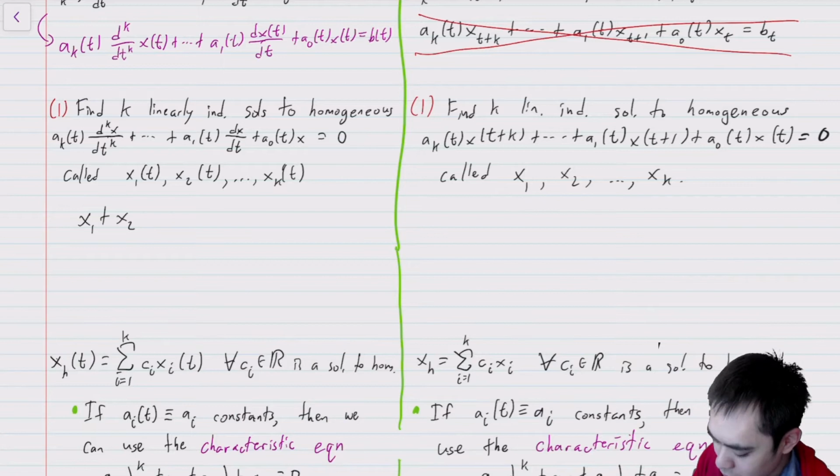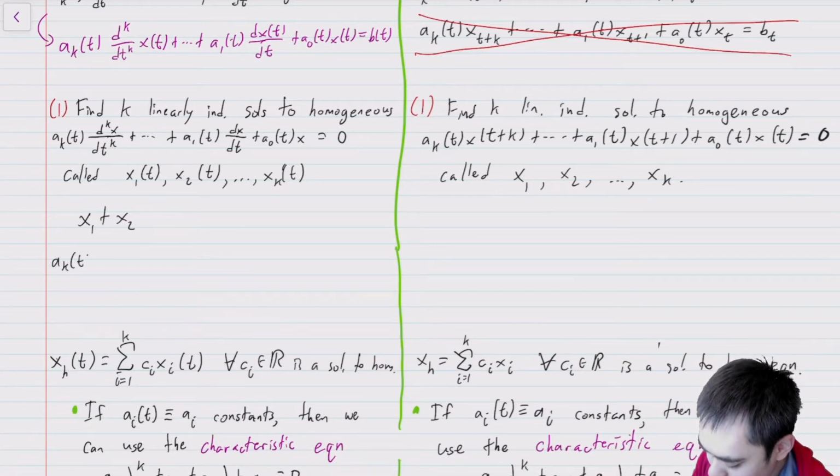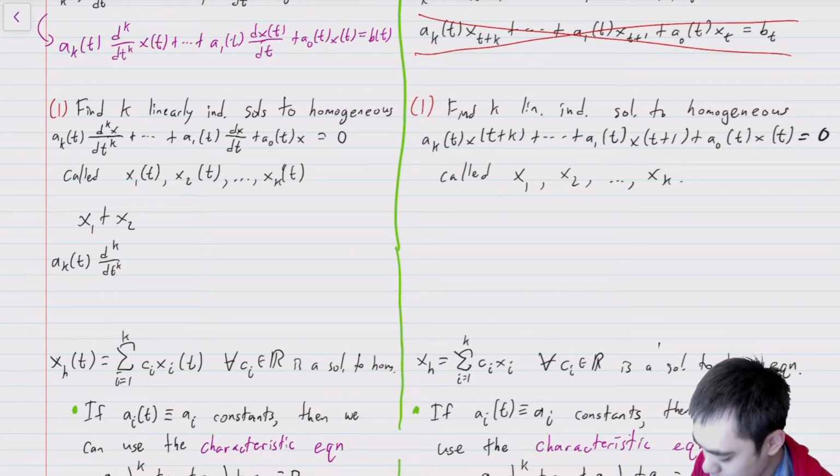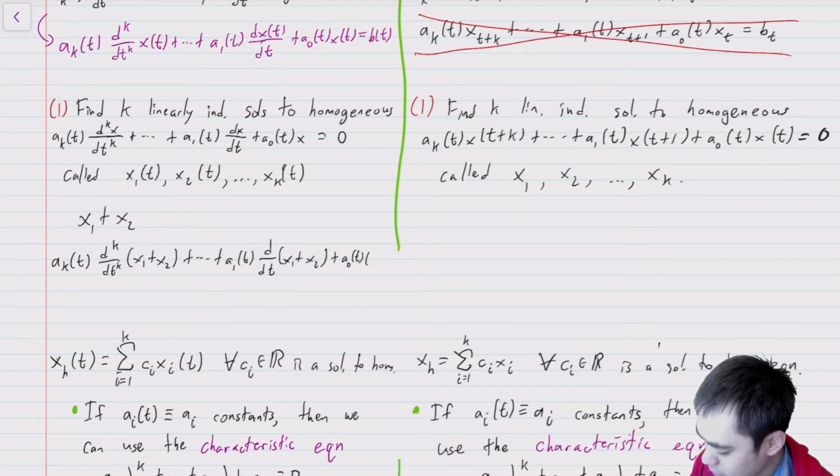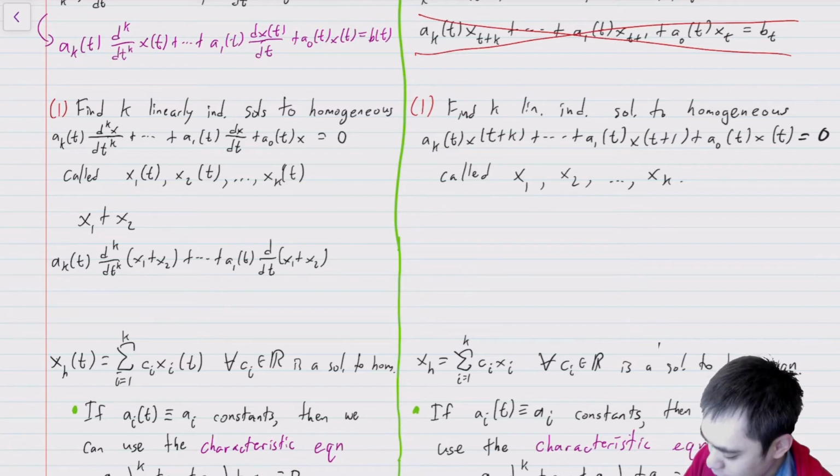because things are linear, you end up with a_k(t) d^k/dt^k (x1 + x2) + ... + a_1(t) d/dt (x1 + x2) + a_0(t)(x1 + x2) = 0.